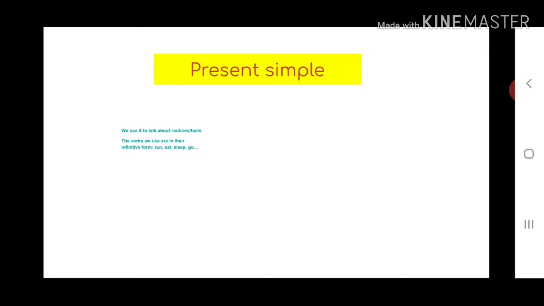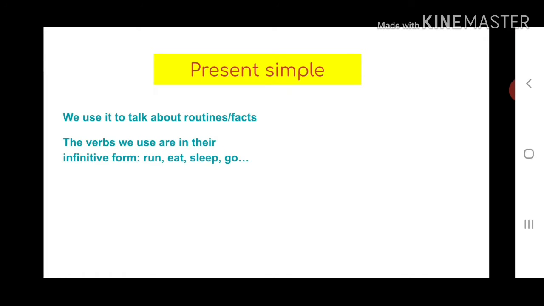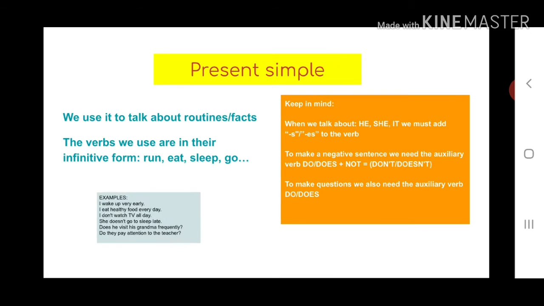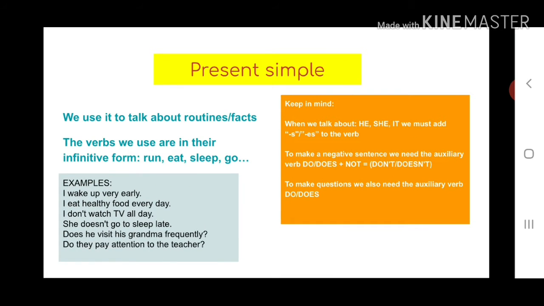Present simple. So we use it to talk about routines or facts. The verbs that we use are in their infinitive form. For example, run, eat, sleep, go. Okay, so the verbs as we know them without modifications, but you have to keep in mind that when we talk about he, she, and it, we must add s or es to the verb.